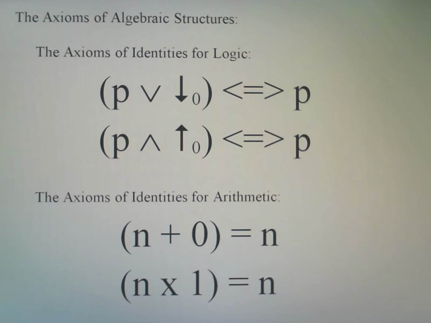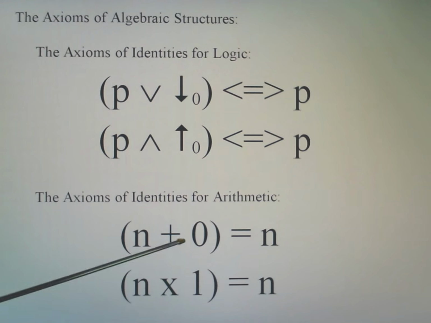In arithmetic, as we know, in addition, there is a particular number such that if you add that number to any other number, it returns the value of the other number. The identity of the other number is preserved. Right? And similarly, for multiplication, if you multiply anything by 1, in other words, n times 1 is always n, so that using 1 in multiplication preserves the identity of the other element.